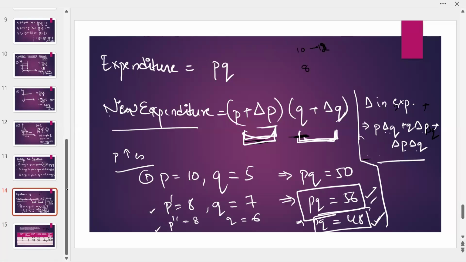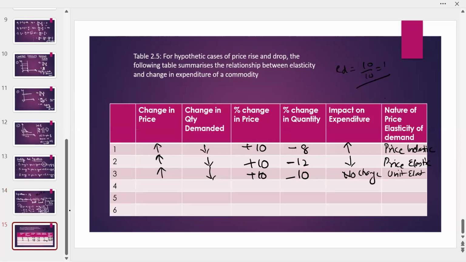Now if the price has increased by 20%, the quantity demanded has fallen by 20%. That is 6.4. So if we multiply both, we get 80 only. Earlier also the expenditure is 80, now also 80. So the price elasticity of demand would be unit elastic.